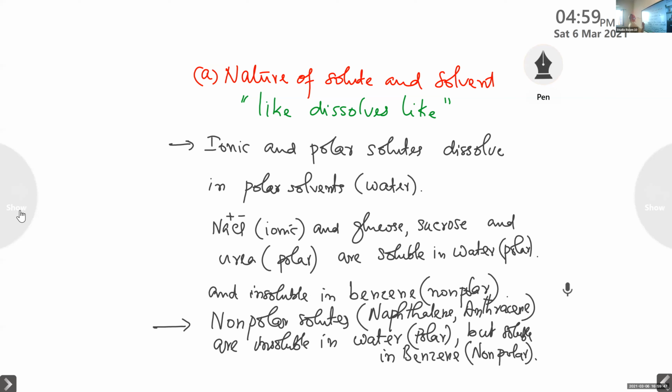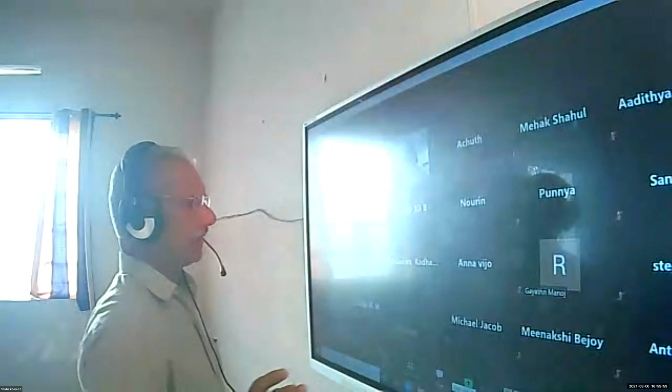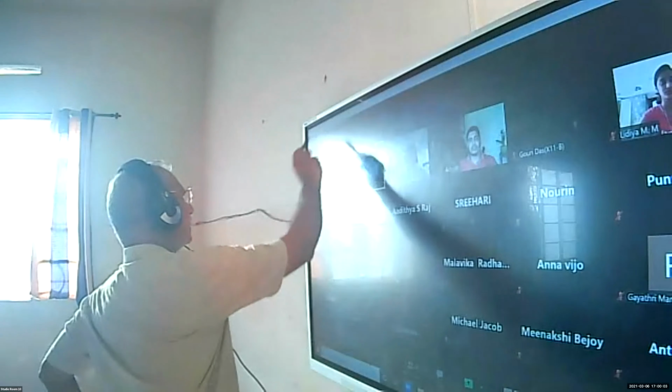So that is the first point we have to see, that is, the nature of a solute and solvent. Okay, so that's all about the dependence of solubility on the nature of solute.